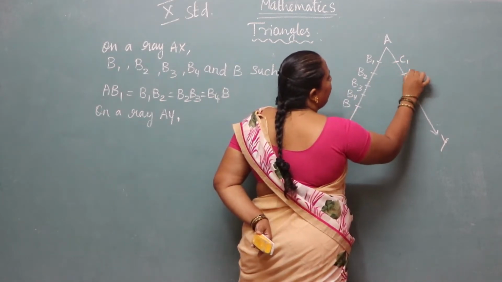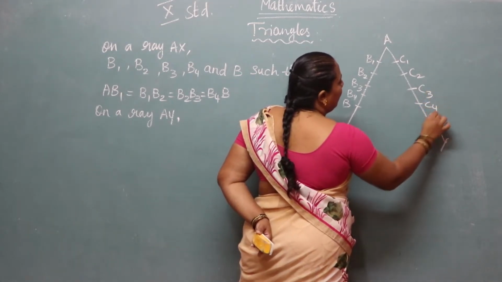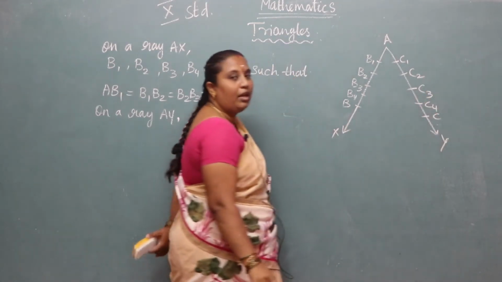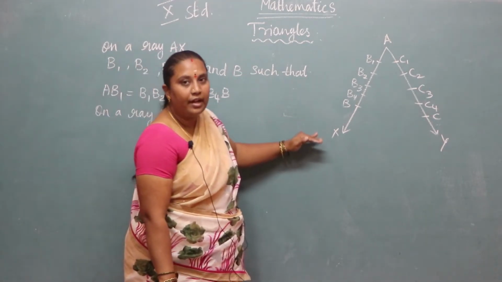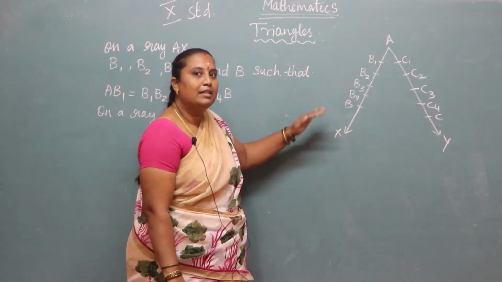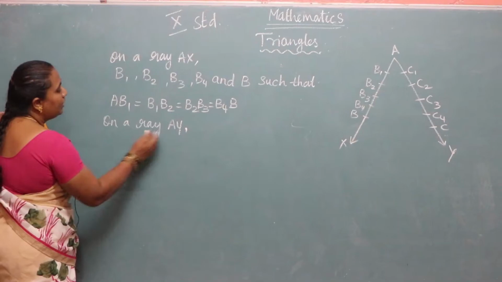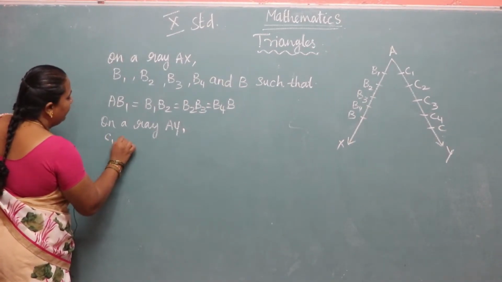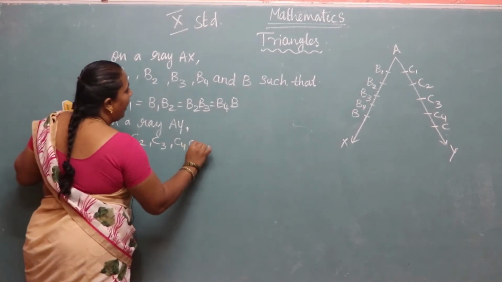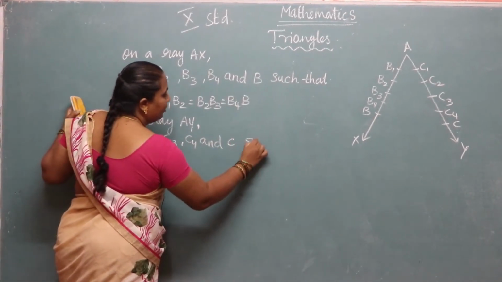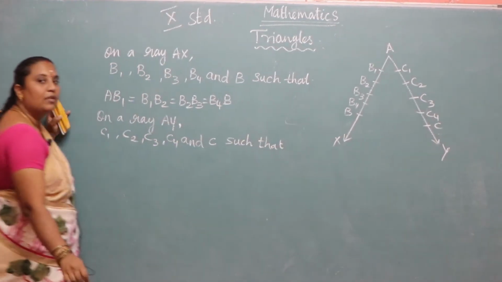C1, C2, C3, C4 and C. Here also the points we are drawing on the ray AY have the same distance. The points are C1, C2, C3, C4 and C, such that these points also have the same distance.